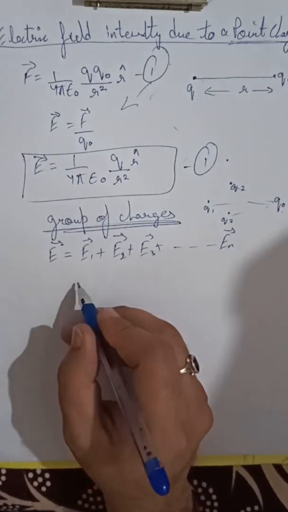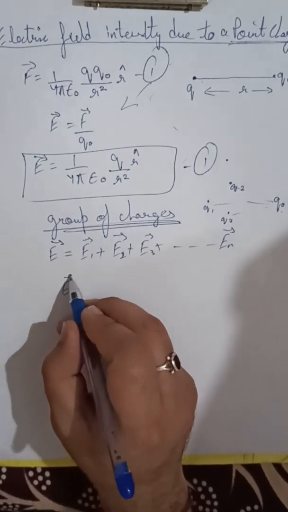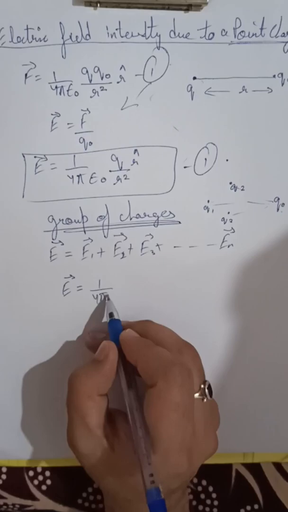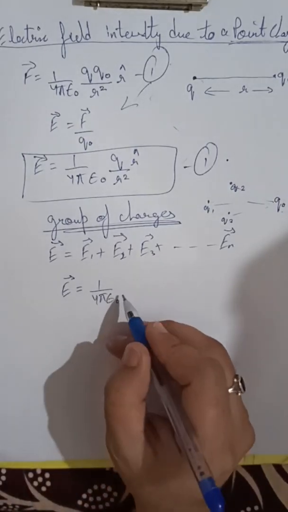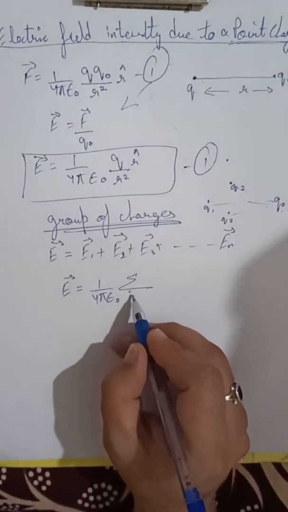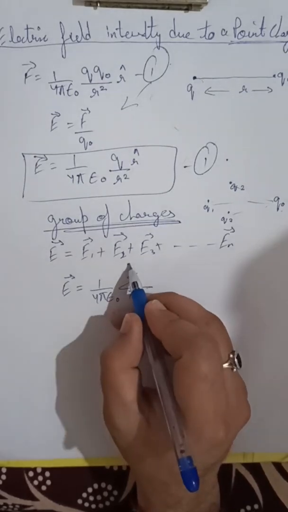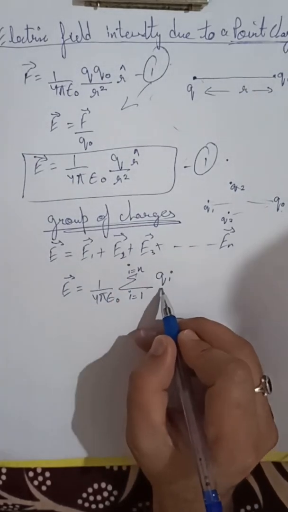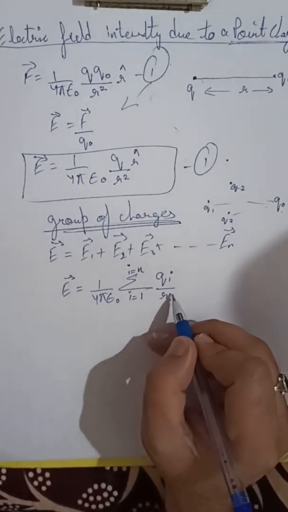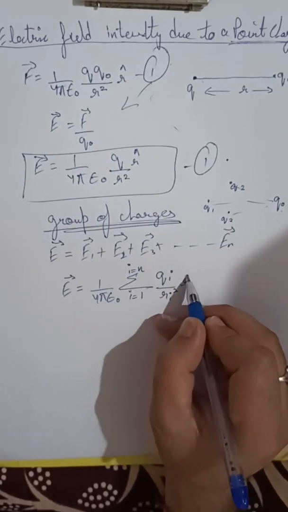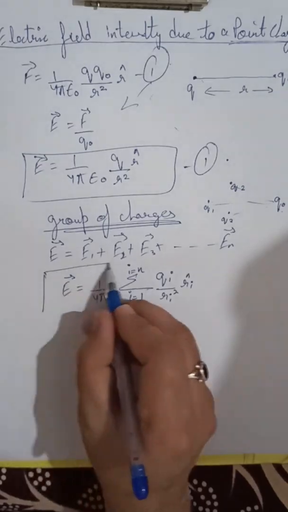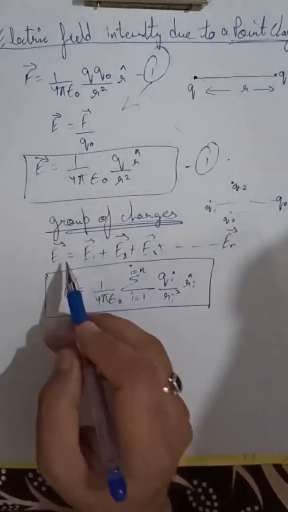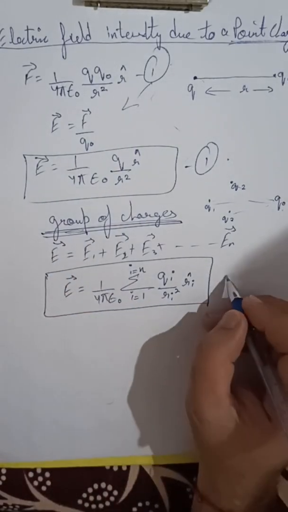So the overall general expression is 1 by 4 pi epsilon naught, which will remain common, times sigma i from 1 to n of Qi upon Ri square, Ri unit vector. This is your electric field intensity due to a group of charges.